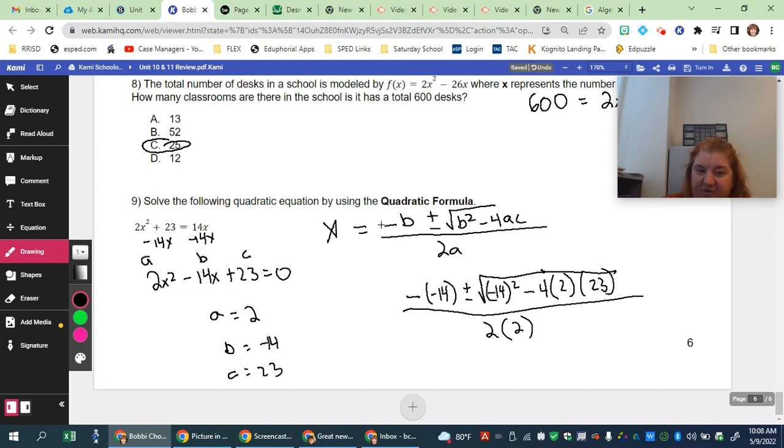That looks like a lot, but you guys, it's not, because you use a calculator. So a negative 14. Now I know I'm going to have 14, and I'm going to be over 4, right? And then I'm going to be plus whatever's in here, and minus whatever's in here. Okay? Can you do that? You can do that.